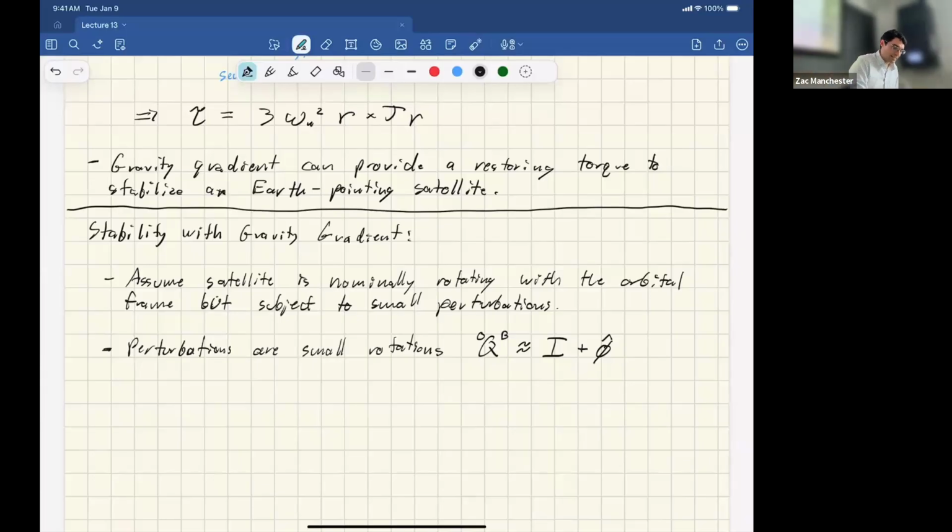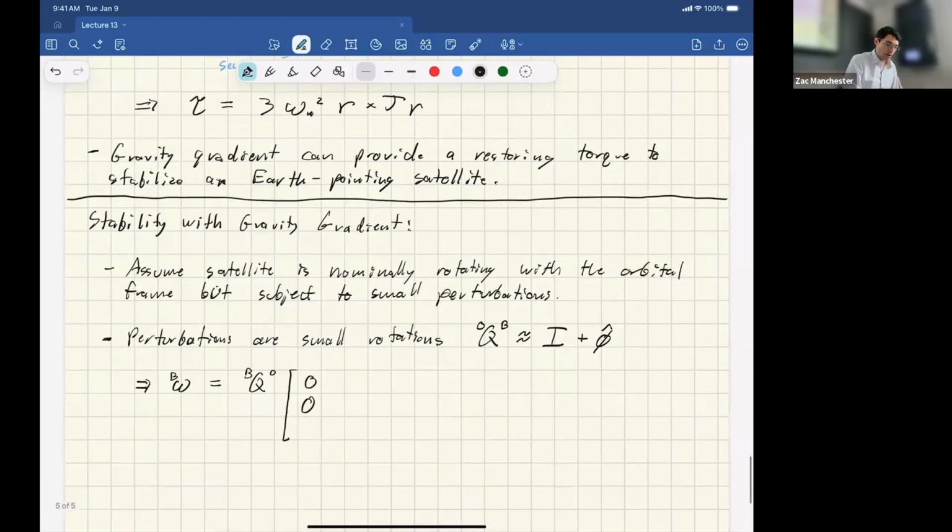Okay, so that's the attitude, and now we're going to look at the angular rate, the angular velocity. Remember, this frame is rotating, and it's nominally rotating about the n direction by this mean motion. So in the orbital frame, that's RTN, that's in the n direction.